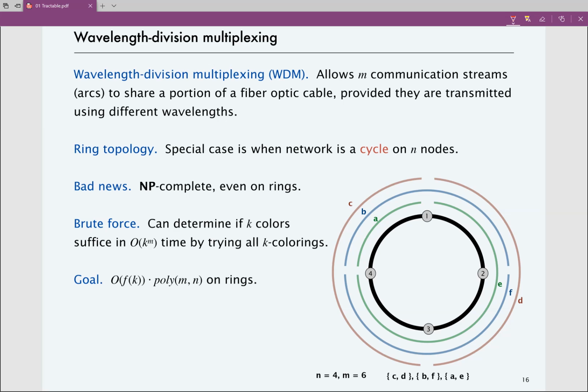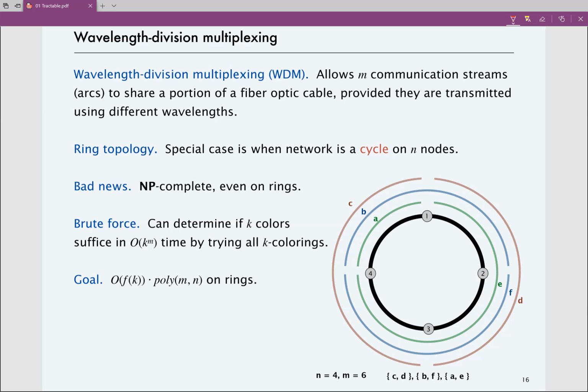I guess this gets into the design of these networks, but if you use the same wavelength for these different streams, they're going to interfere with each other and you can't do the communication correctly. So the upshot is that whenever streams use the same physical link, whenever they have an intersection with each other, they have to use different wavelengths.